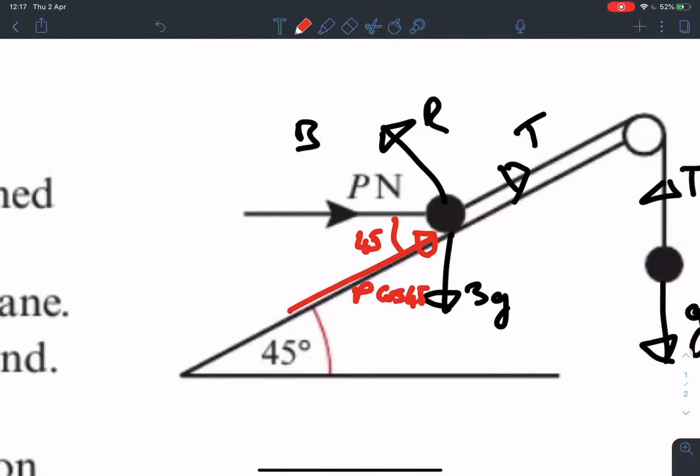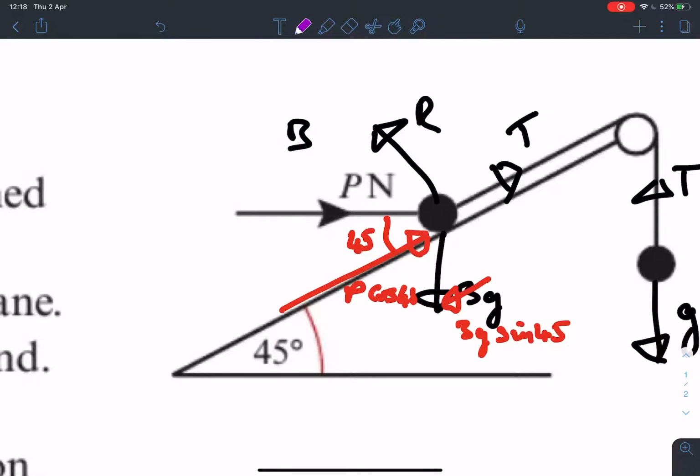Also in that direction we've got a component due to the weight, which will be 3G, and this is opposite the angle, so that's going to be sine of 45.